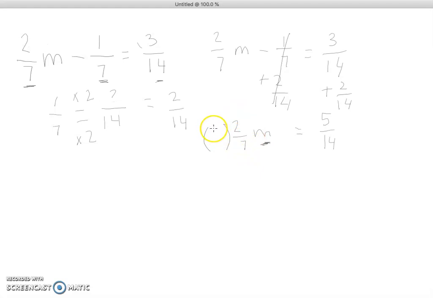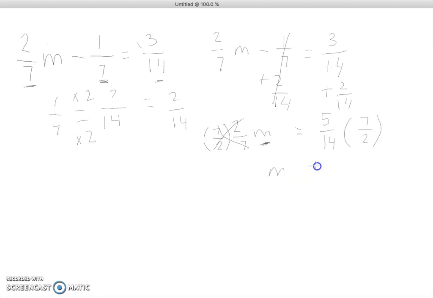Because if you multiply it by 2 over 7, it'll just be 2 over 7 squared, right? But we can't have that. So we need it to be the opposite, where it cancels out like this. So we reciprocate it. That's what it's called, for the opposite. So we do the same. We just multiply it by 7 over 2.